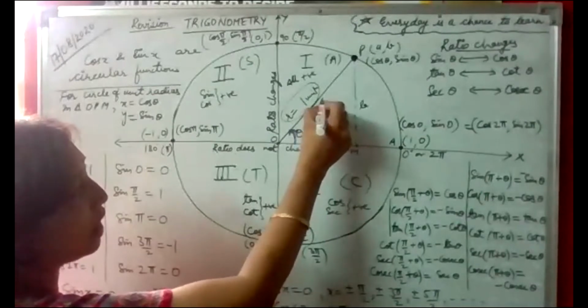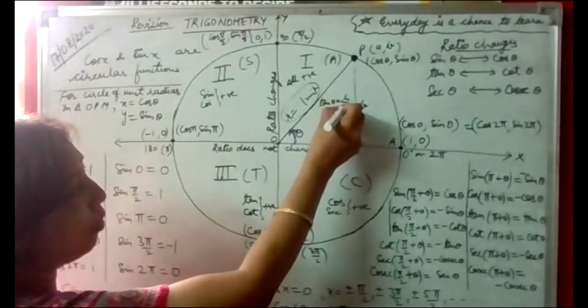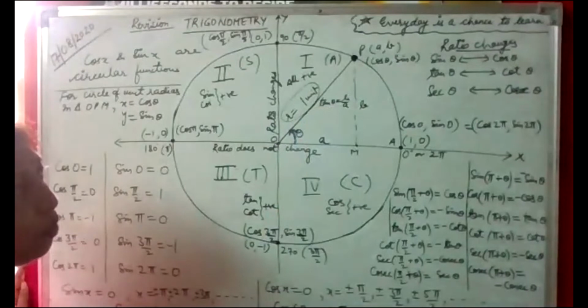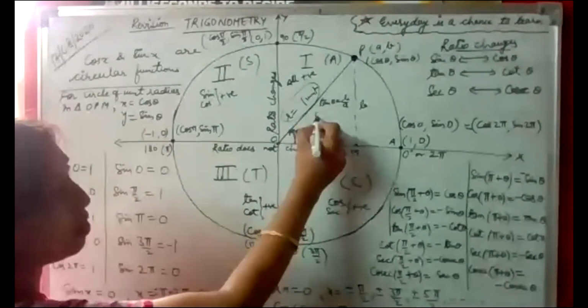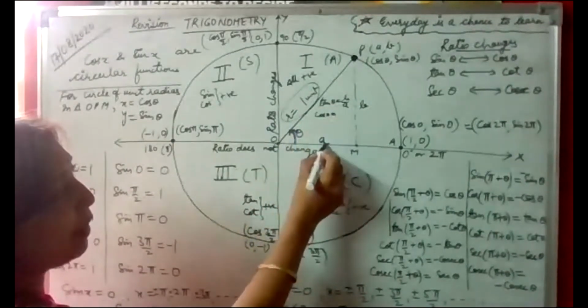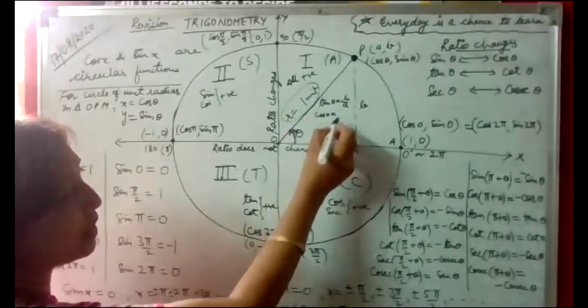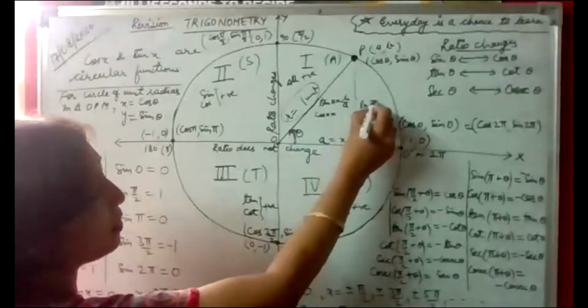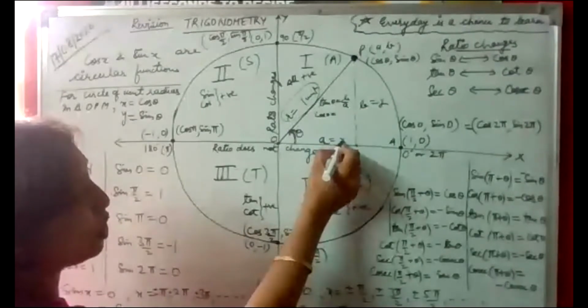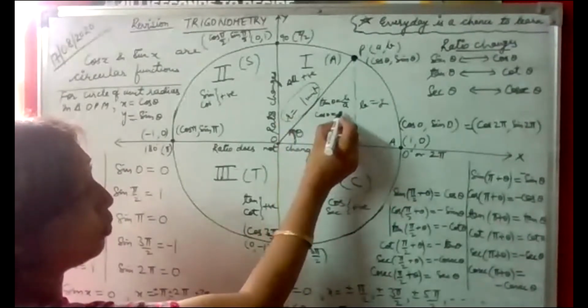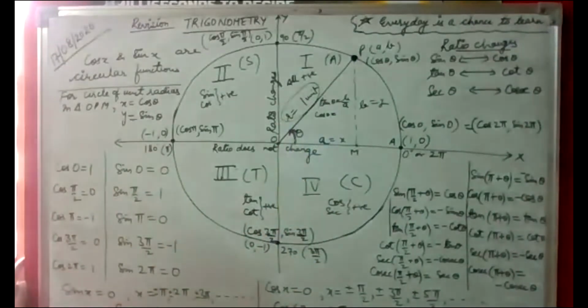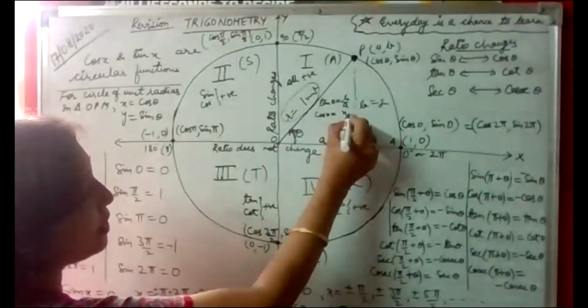And cos theta is base upon hypotenuse, that is A upon 1, or in general, x upon 1.